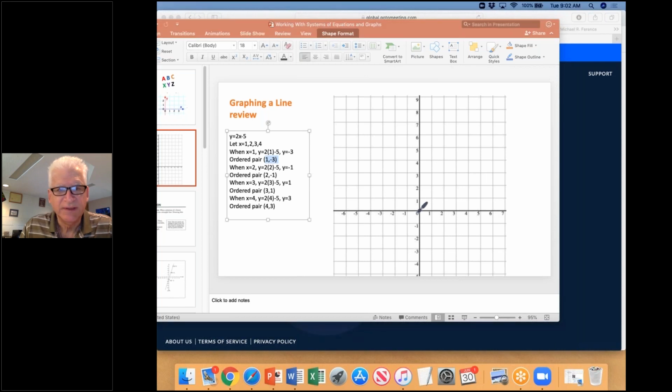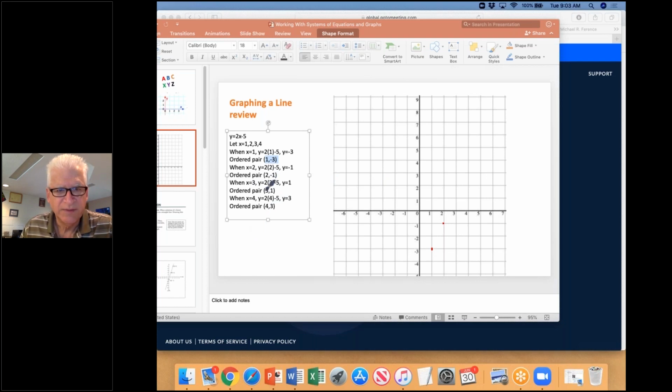So we got 1, negative 3, which is 1 to the right and 3 down. And then the next ordered pair is 2, negative 1, over 2, down 1. This is just a review because I've done this in a previous lesson, but just wanted to call attention to graphing an equation.